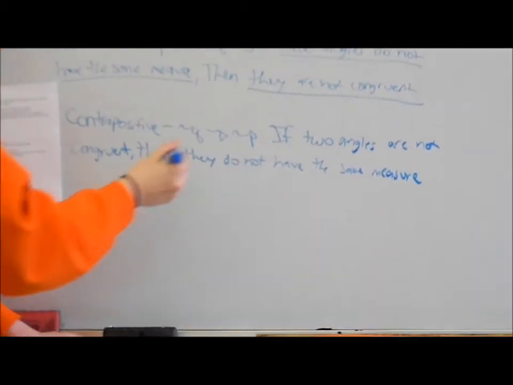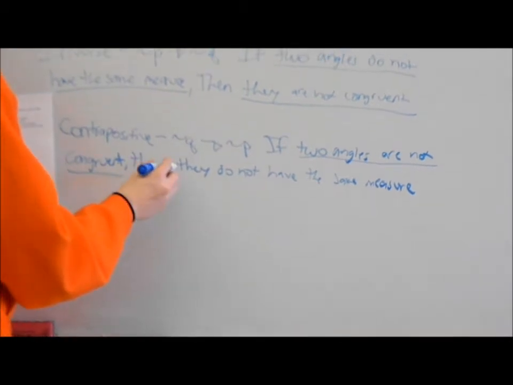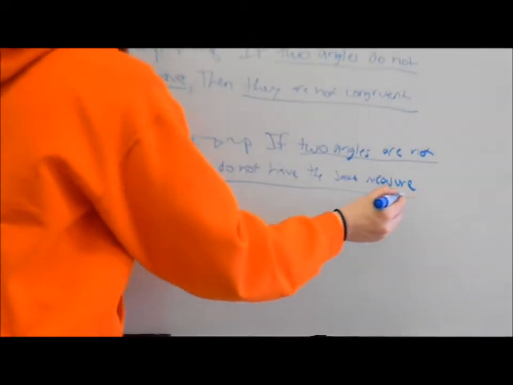So the not Q is two angles are not congruent. And the not P is they do not have the same measure.